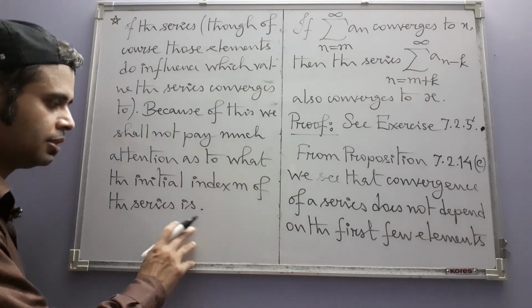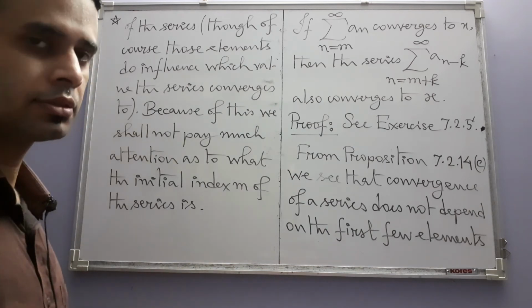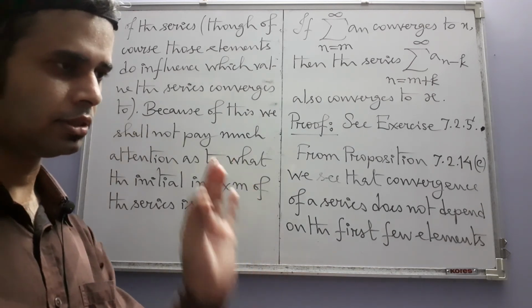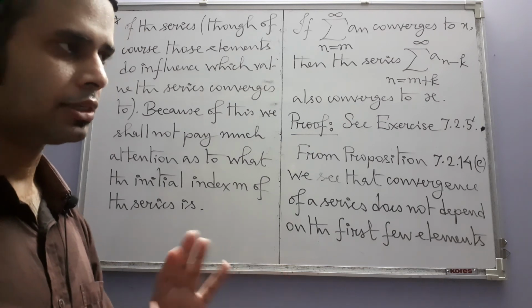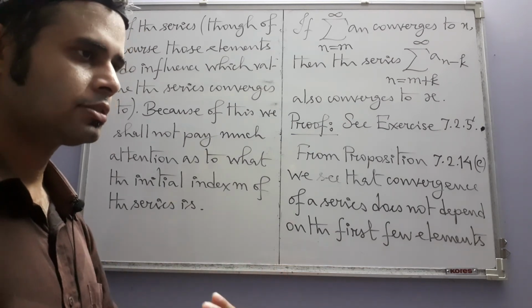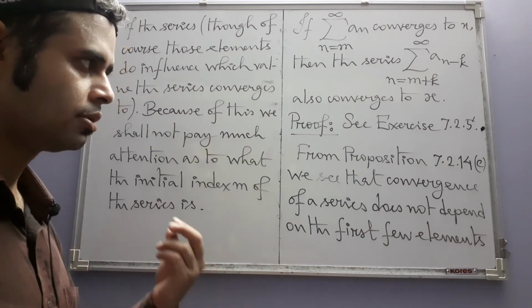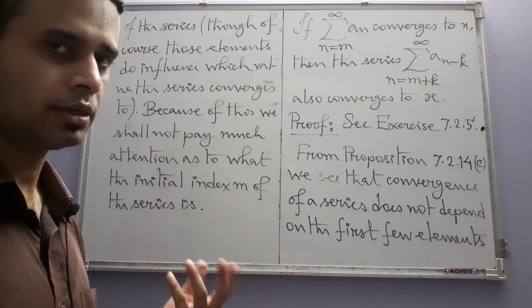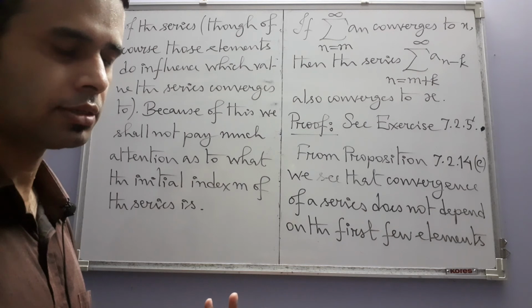Then maybe if things are really nice, you can prove that the sum is this perfect value. But in any event you can estimate the sum. So convergence or non-convergence is more important to know than the actual sum itself.